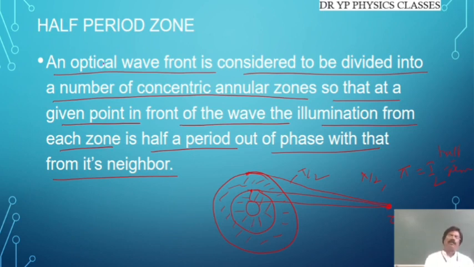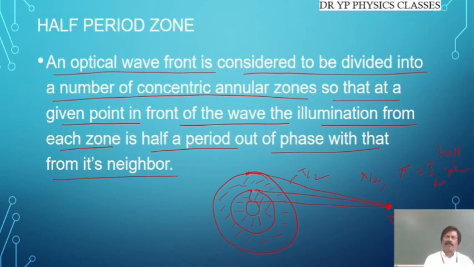So again, an optical wavefront is considered to be divided into a number of concentric annular zones, which are drawn here, so that at a given point in front of the wave, like O, the illumination from each zone is half a period out of phase with that from its neighbor.